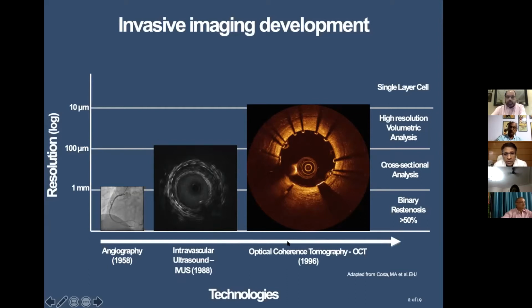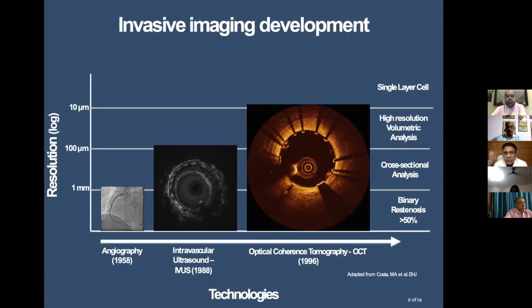But it is after the arrival of optical coherence tomography that there has been a game changer, just because of its very high resolution of 10 microns. If you remember, the red blood corpuscle is about 7 to 8 microns. So you can even see large macrophages and cholesterol crystals.